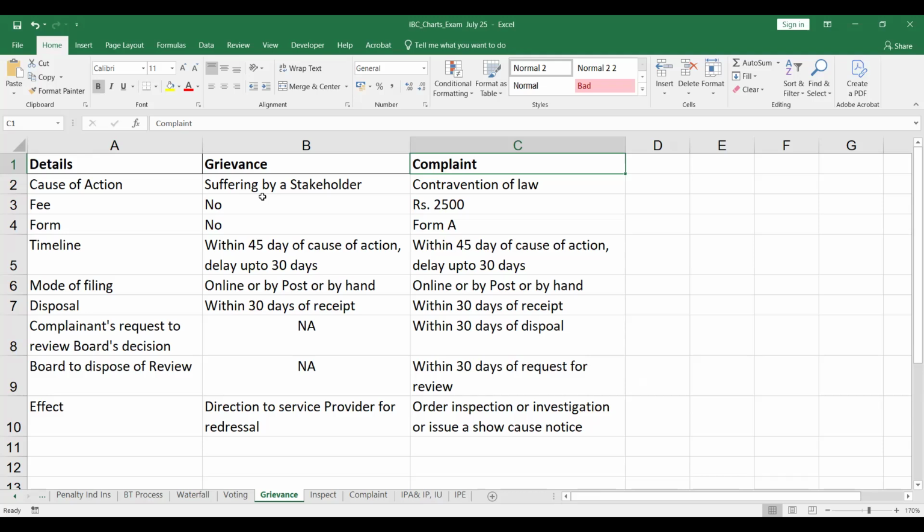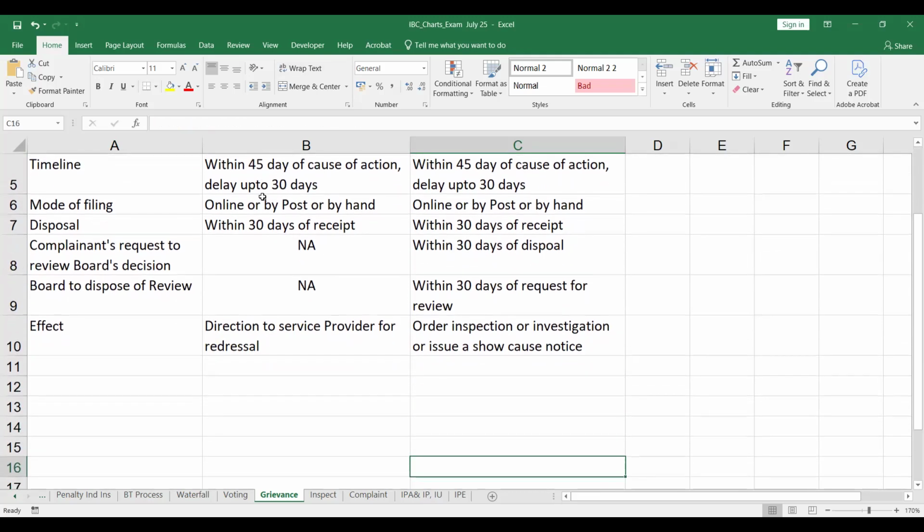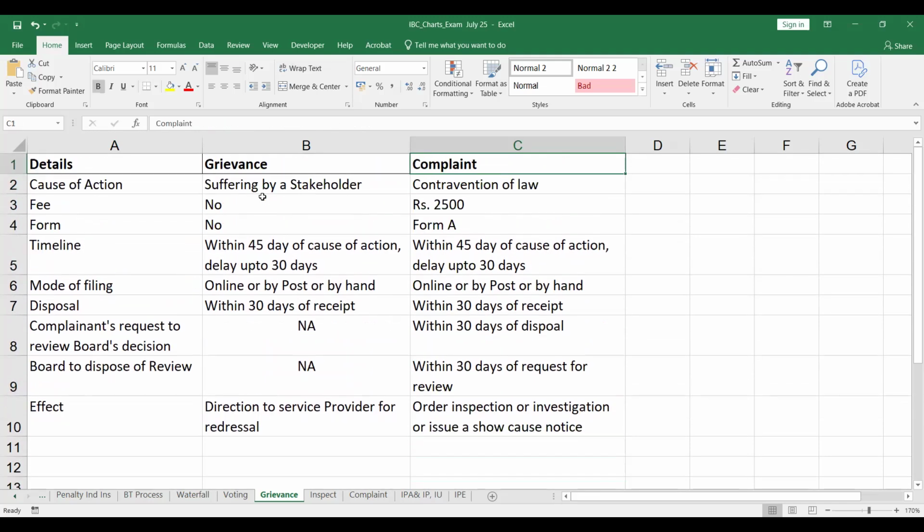Effect in case of grievance shall be that the service provider may be directed to redress the grievances. And in case of complaint, the authorities may order inspection or investigation or issue a show cause notice. Even these fees can be refunded if there is found to be substance in the complaint.